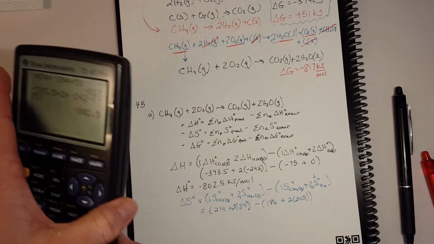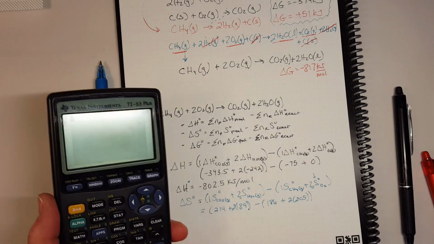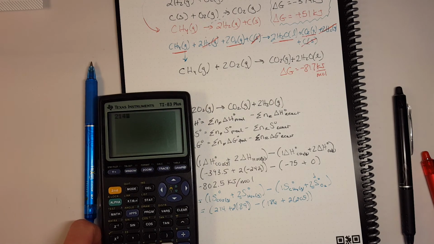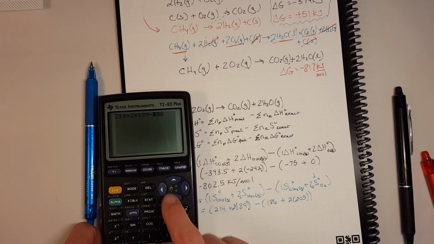And again, we're going to get our calculator, so the number crunching is easy once you look them up. And we're going to do 214 plus 2 times 189 minus, in parentheses, 186 plus 2 times 205.